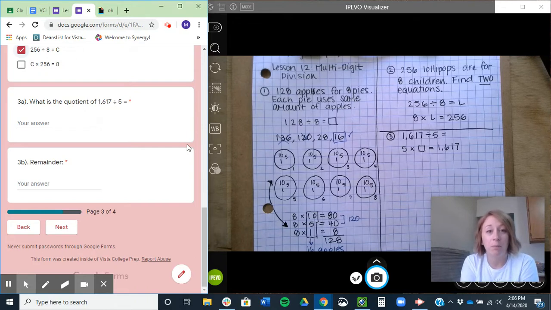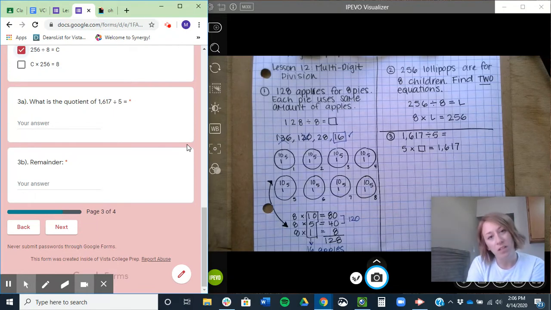In the other examples, we multiplied by 10. If we multiply by 10, do you think that could get us as close to 1,617 as we can? Well, 5 times 10 equals 50. And I know that's still a pretty far distance from 1,617.